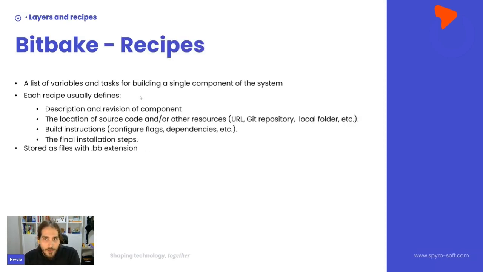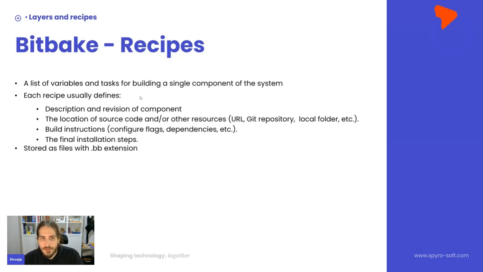Now, what are the recipes? Recipes in principle are just text files containing code and variables. So usually one recipe is just a list of variables and tasks that is needed to build a single component of the whole system that we are trying to build with BitBake. And usually each recipe defines 4 things.